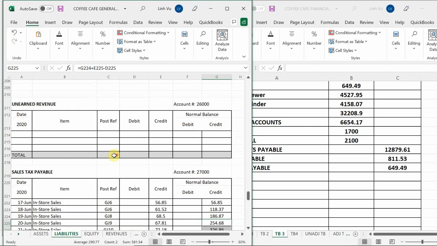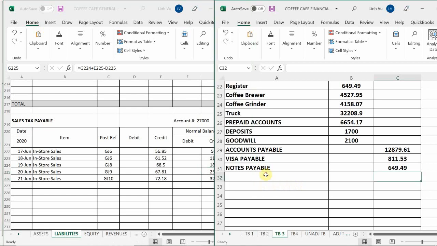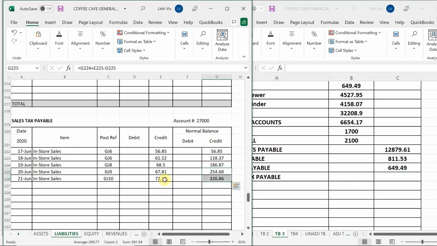Next one is sales tax payable for 326.86.